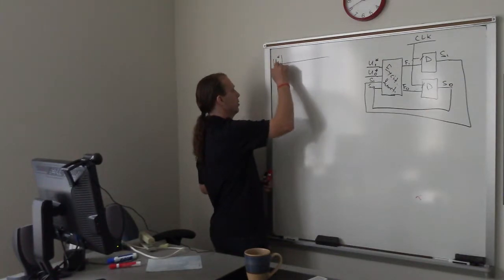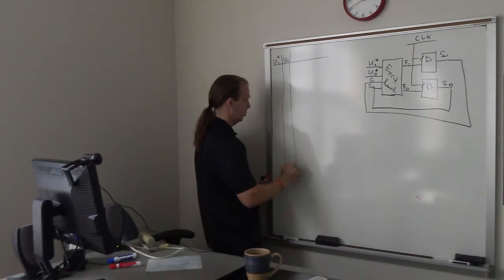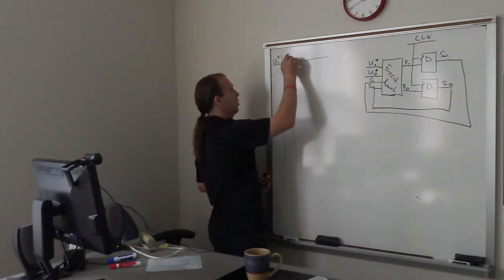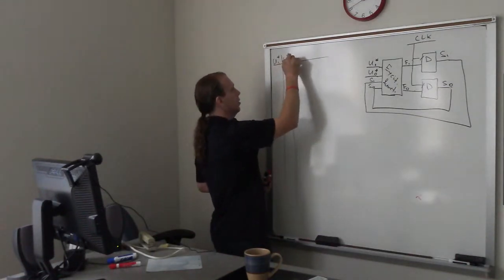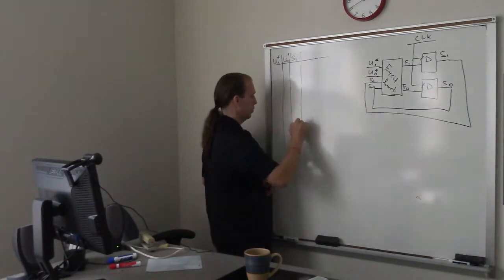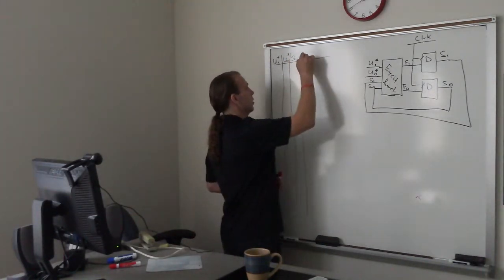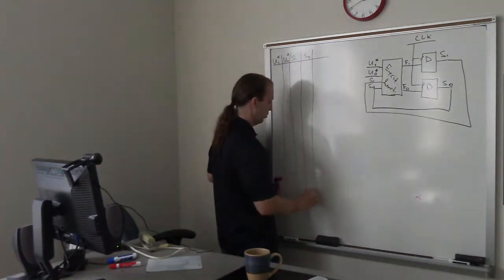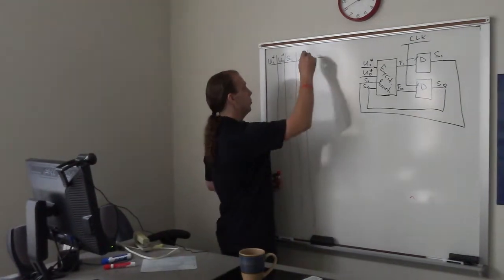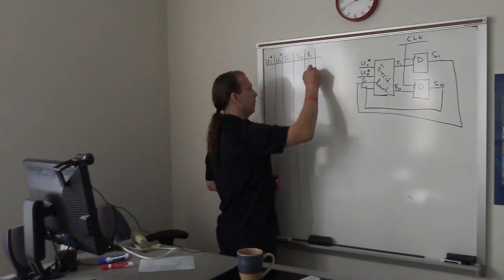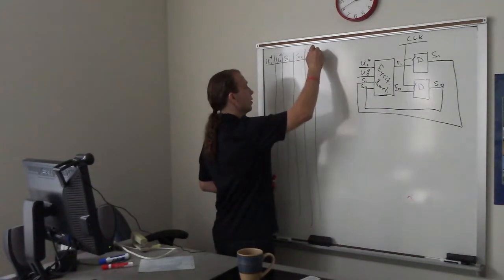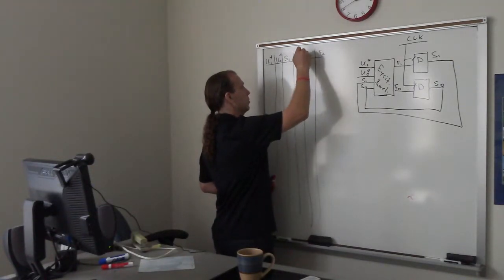U1 star, U0 star, S1, S2, and the outputs will be F1, F2.